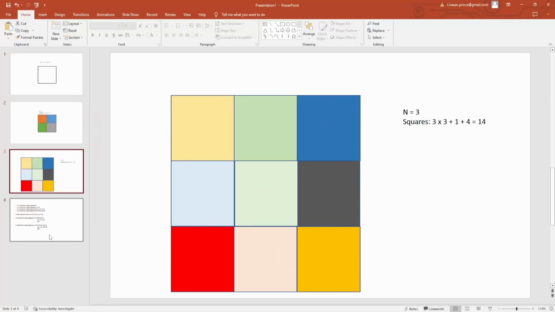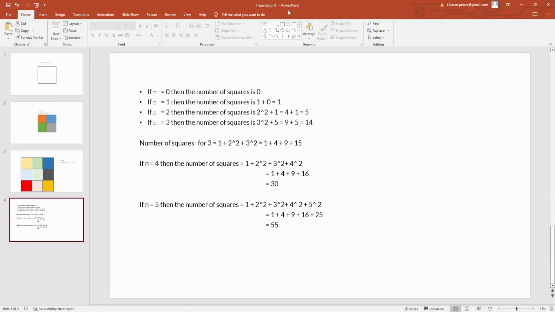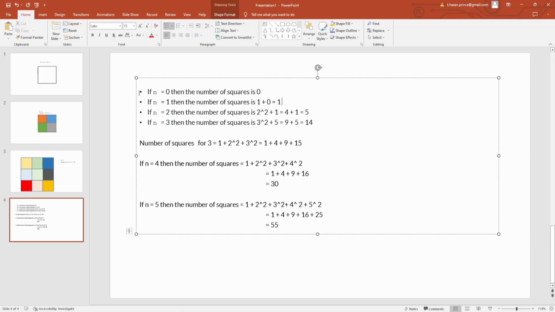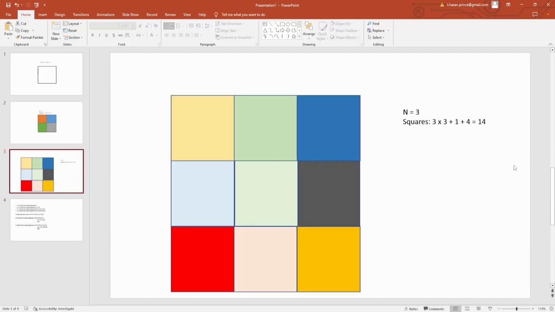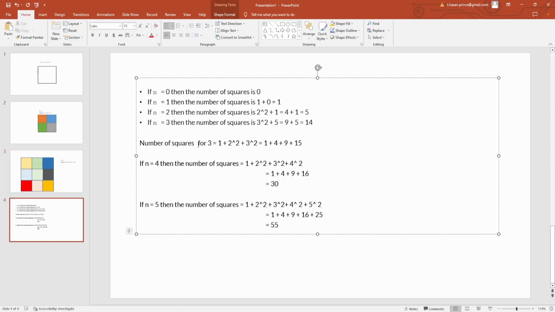Now let me show you the mathematical calculation here. If n is equal to 0, then the square is 0. Okay, we saw that. n is equal to 1, then the square is 1. n is equal to 2, then the square is 5. When n is equal to 3, then the square is 14. So we can see a trend from here. 1 plus, this is going to be 14.